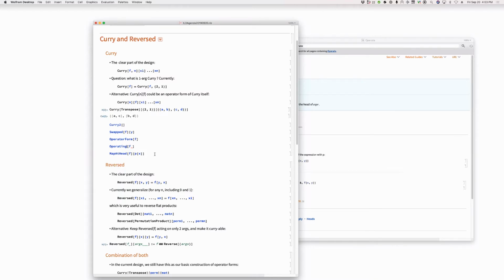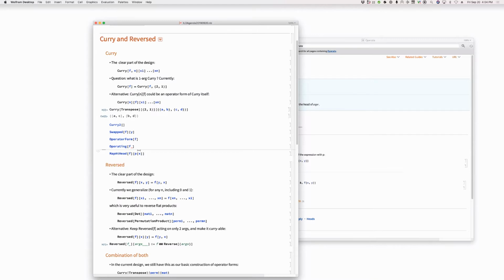Something to take into account is that if we have a dedicated operator form object or similar, it will need the same freedom of curry, because sometimes we want an operator form of the second argument. Sure, or absolutely the third. So it's going to be basically like curry, but with a different default. Well, no, it could be exactly like the curry we have now.